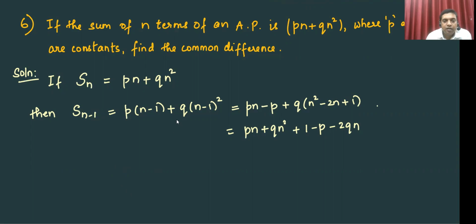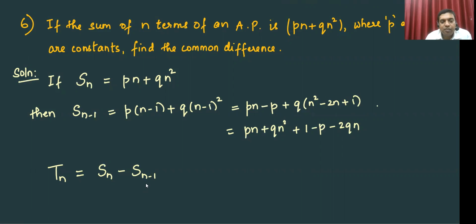So we need to find the common difference from Sn minus Sn minus 1. We'll get the last term. The nth term Tn will be the sum to n terms minus the sum to n minus 1 terms. These are n minus 1 terms, these have n terms.